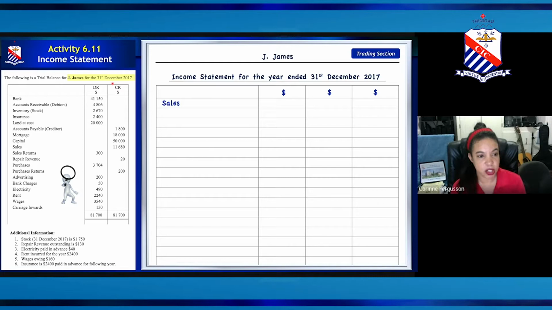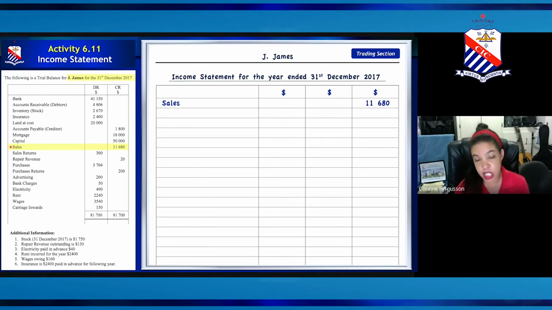You look into your trial balance and you're looking for sales down the list, and you would see your sales here. So now that you found your sales, how much is your sales? It is 11,680. So we're going to put it in the last column. That is where we always put our sales. That is what you would have practiced. So we're just going to move ahead.